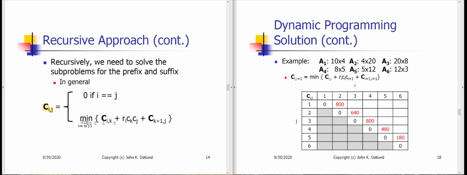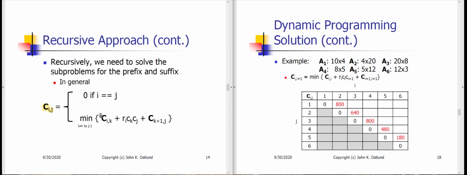And it therefore must be the minimum of all of these possible costs, with k going from i to i plus 1 minus 1, which is i. So, in fact, in order to compute this minimum, there's only one number we need to compute. All right? If we only have two matrices involved, there is only one cost.